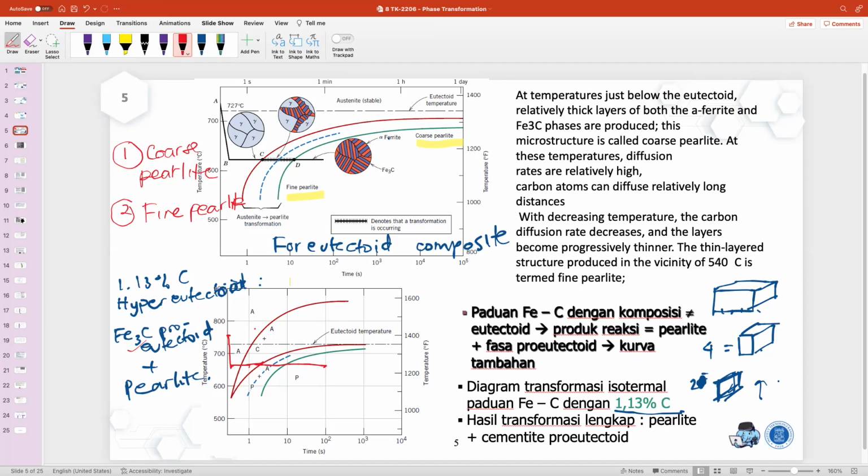Then you can say this should be quenched from maybe 750 degrees Celsius to 650 degrees Celsius, and then hold it for maybe 100 seconds to ensure all of the austenite has transformed into pearlite. With the complete transformation, we will have pearlite and also proeutectoid cementite, similar to the previous one I showed you yesterday.